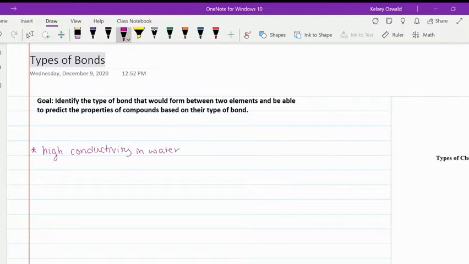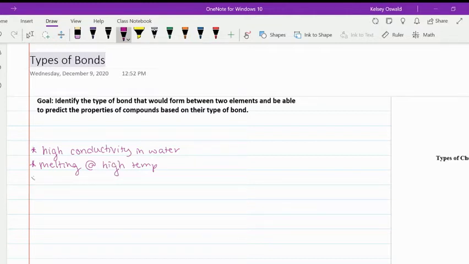The compounds that had that high conductivity in water also shared the property of melting at high temperatures. We needed to put in a lot of energy to melt these compounds.